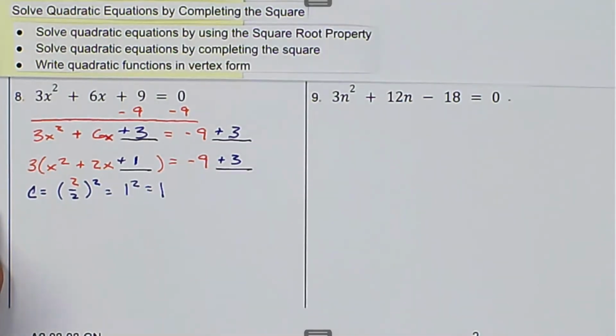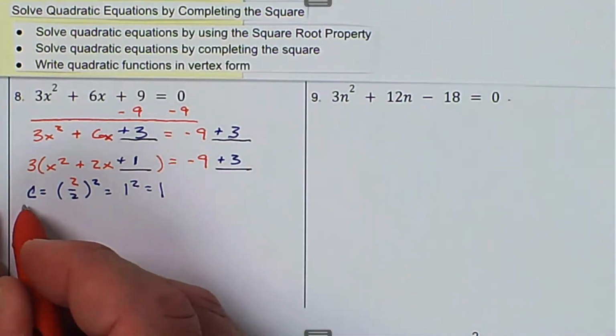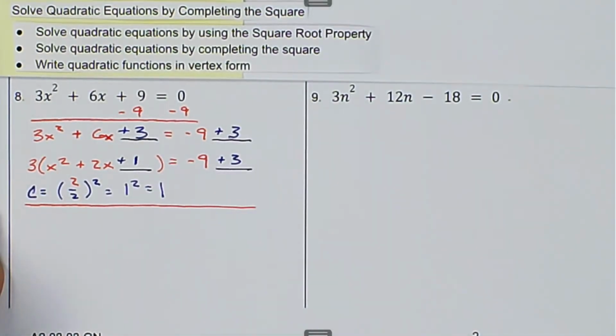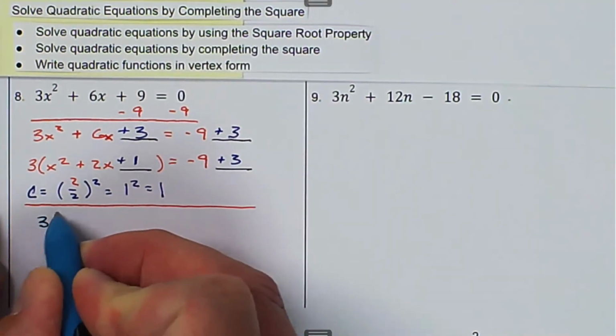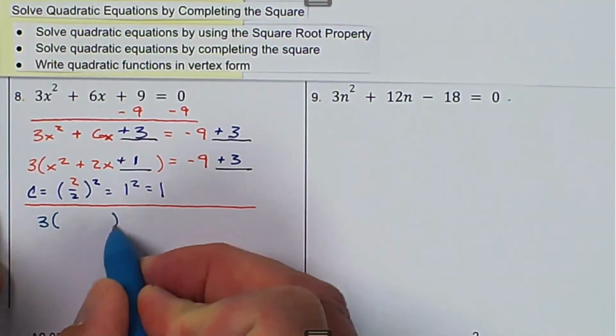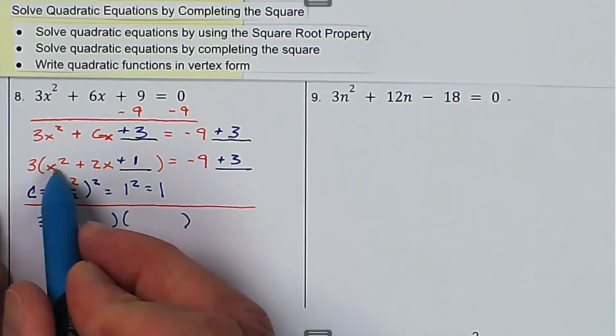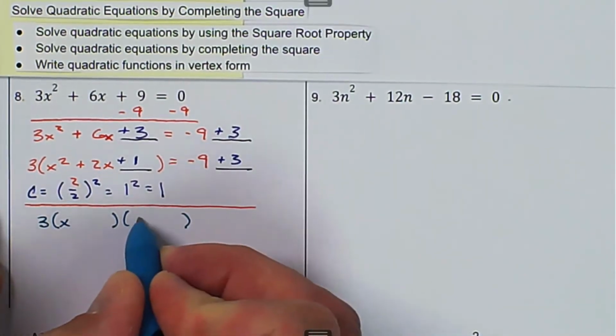Now we can rewrite it in our perfect square binomial. We still have the 3 in the front. The only things that multiply together to get us x squared are x times x.